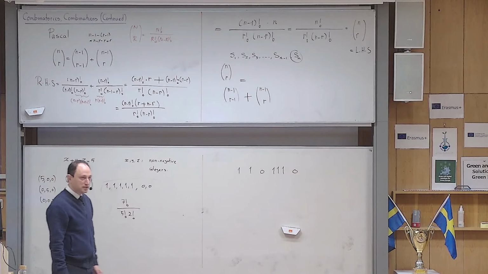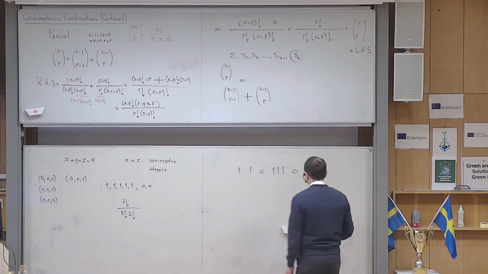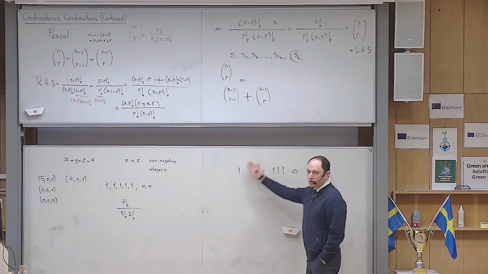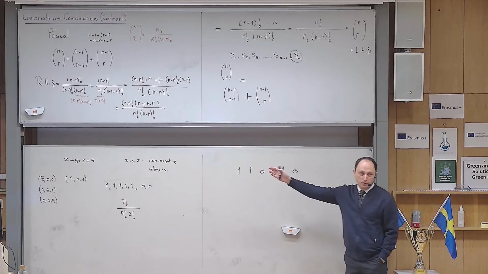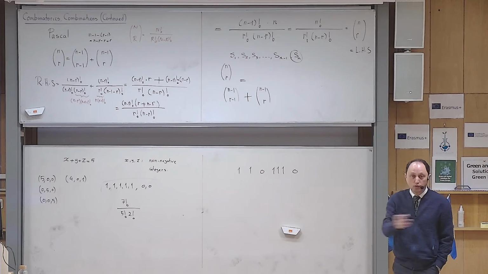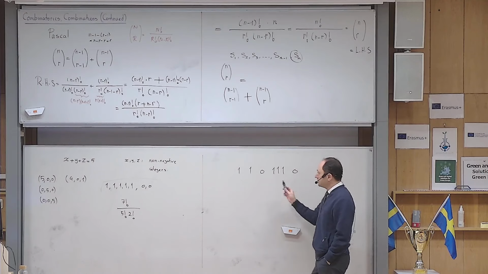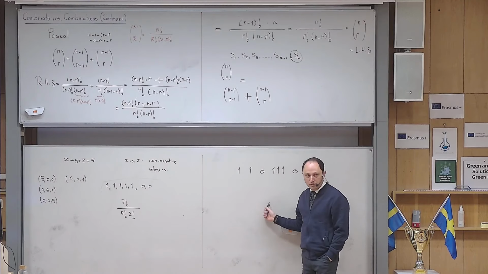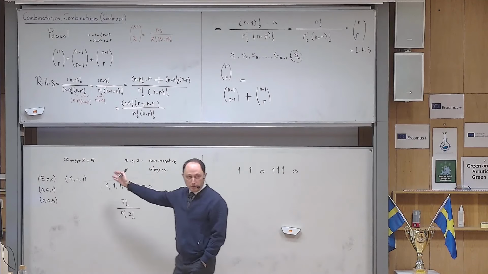Now, if you want to think about the story, think about this: how can I, from this code, come up with a solution to that equation? If you tell me how to do this so that it works all the time, then it means you were able to establish a one-to-one correspondence between the arrangements of this code and the solutions to that equation.